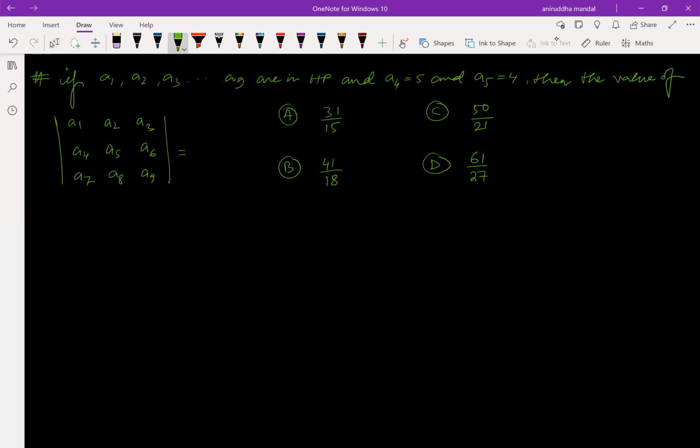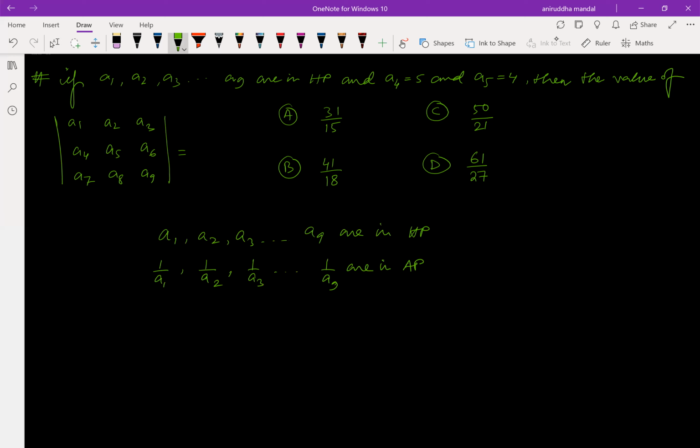Let's first start with the given condition that A1, A2, A3 up to A9 are in HP. So we can write 1 by A1, 1 by A2 up to 1 by A9 are in AP.